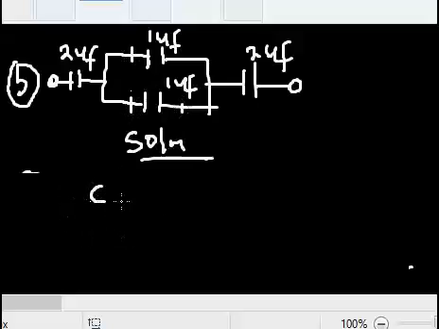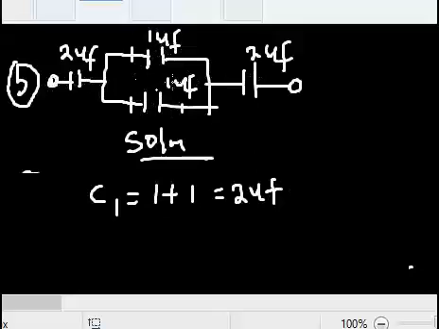I call that C1. In parallel, that's going to be 1 plus 1, which gives 2 microfarad. After resolving this, everything is now in series.